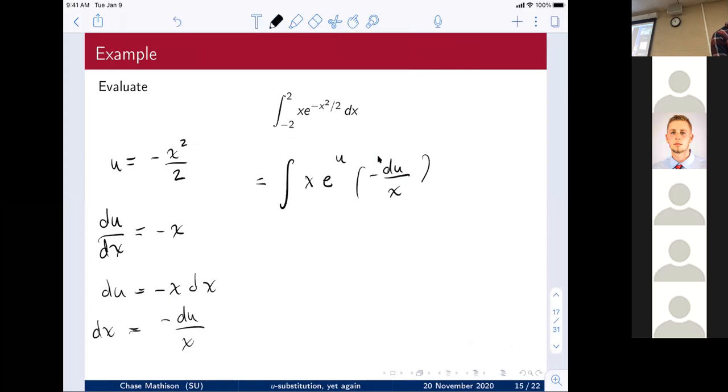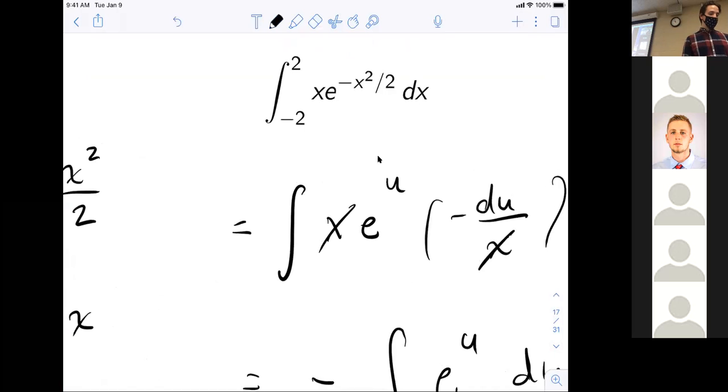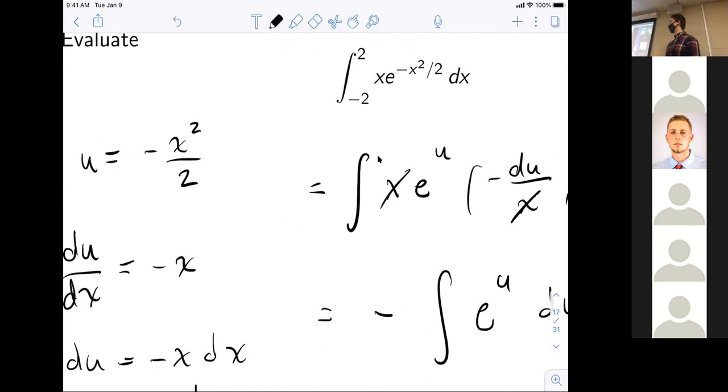So the x's pretty clearly cancel. And I'm left with negative, I'll fill in these bounds in a second, negative integral of e to the u du. Okay, so if my original bounds in terms of x go from -2 to +2, then what should the bounds for the integral in terms of u range between? Or at least, how would I find that out?